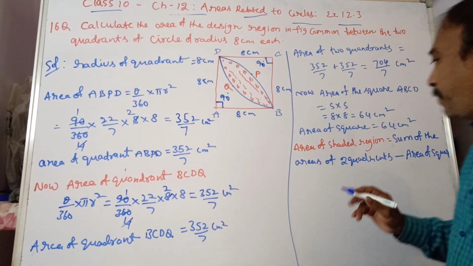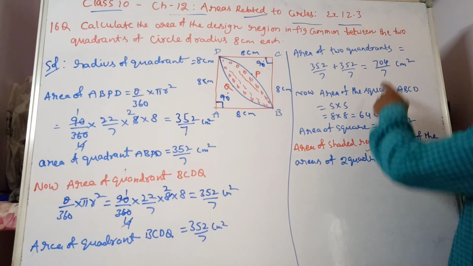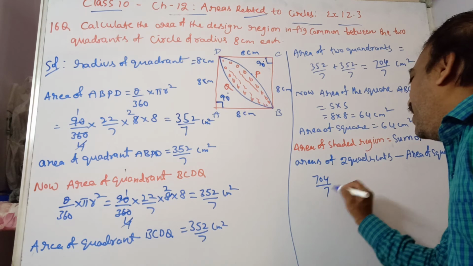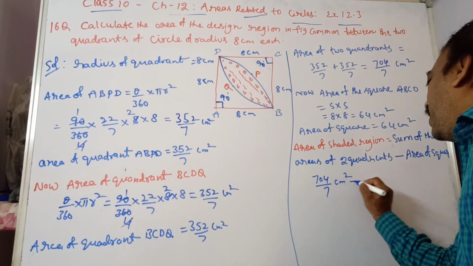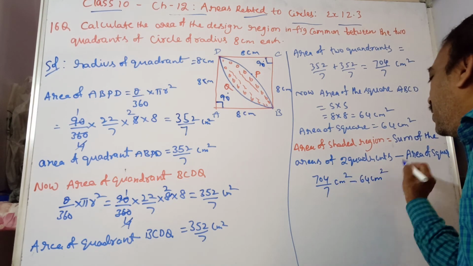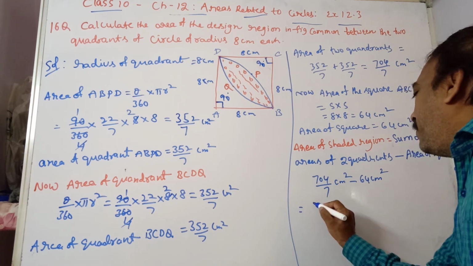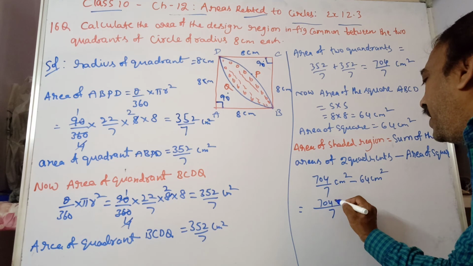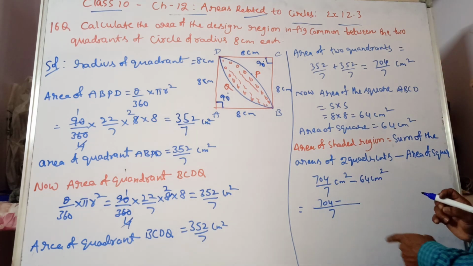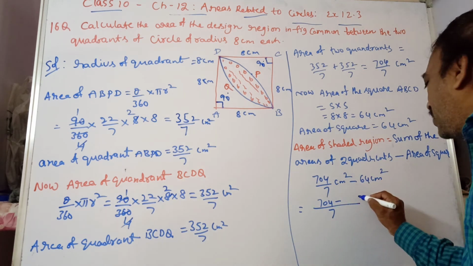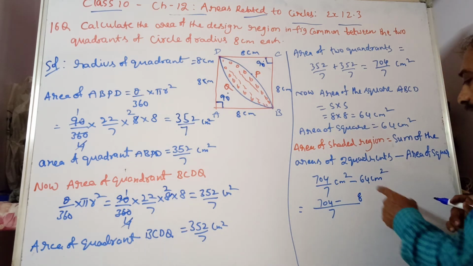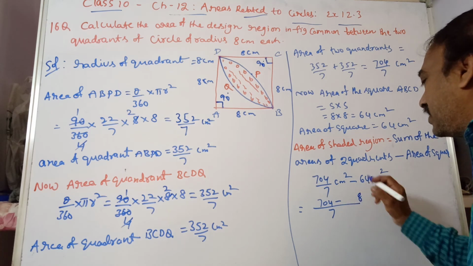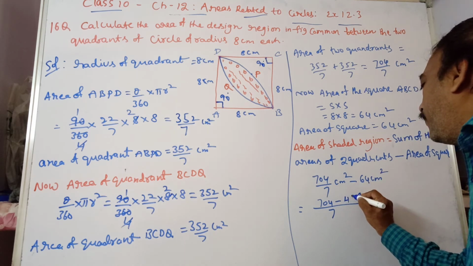What is sum of the areas of two quadrants? 704 by 7 centimeter square minus 64 centimeter square. If you find out LCM, so LCM will be 704 minus 64 into 7. 7 4s are 28, 2 remains. 7 6s are 42 plus 2, 44.